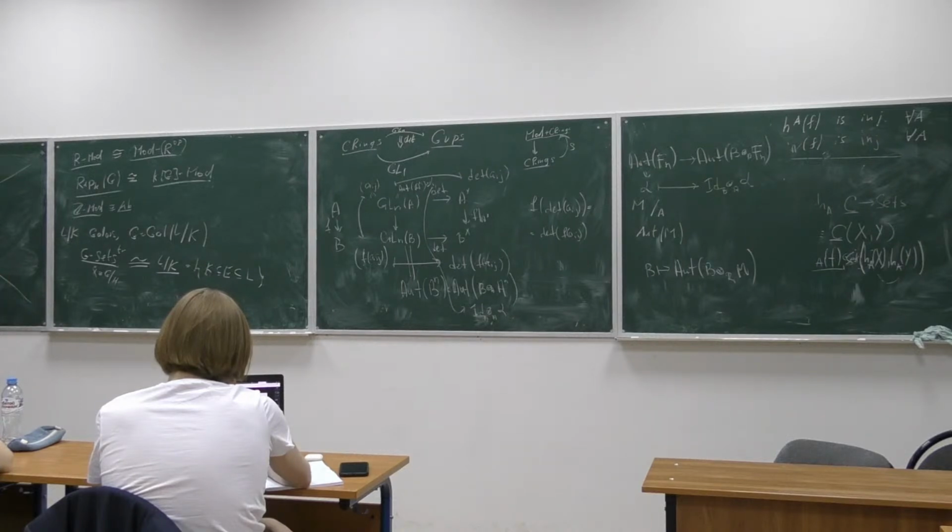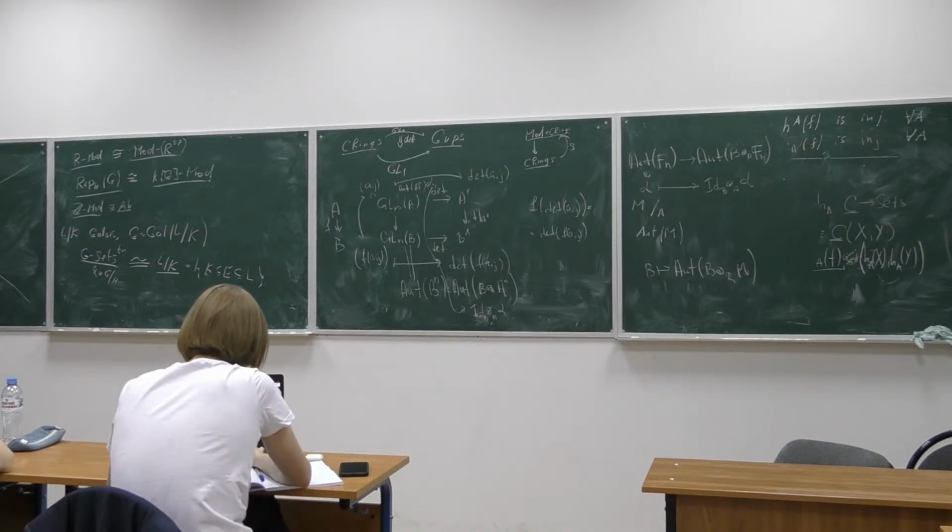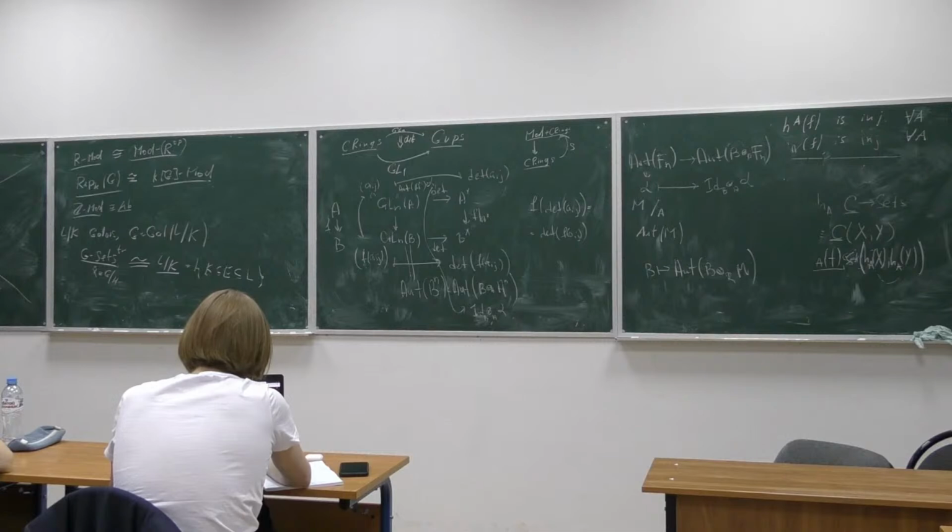Because the left category, I believe, has at least an infinite set of objects. And the right one, even if we're talking about a finite Galois extension, the right one is obviously finite.